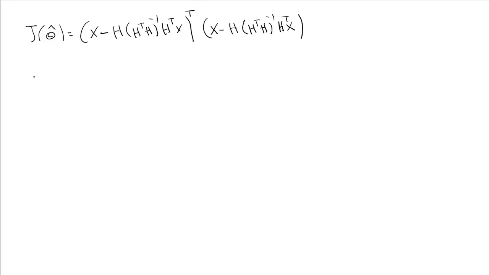We will have another projection matrix, which is I minus H (H transpose H) inverse H transpose, which is I minus P. This matrix is orthogonal to the projection matrix P, and I call it the noise subspace.